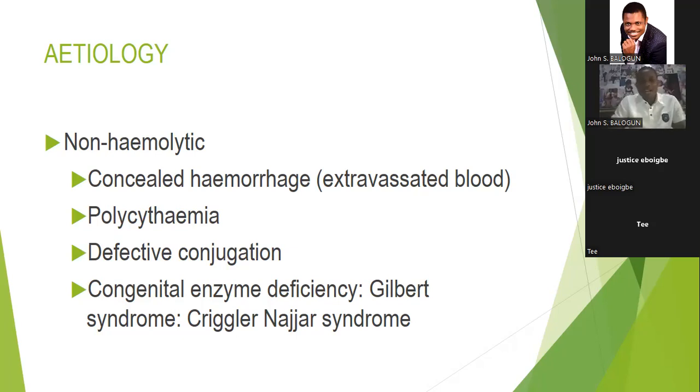Extravasated blood can also be from fractures. Sometimes babies can have fractures, humeral fracture, thigh fracture, in which there will be tearing of those vessels. All of that can give you hyperbilirubinemia. Like the example of intracranial bleeding we talked about, for preterm babies, their germinal matrix, that is the lining of the lateral ventricles of the brain, is not strong enough to secure the vessels.